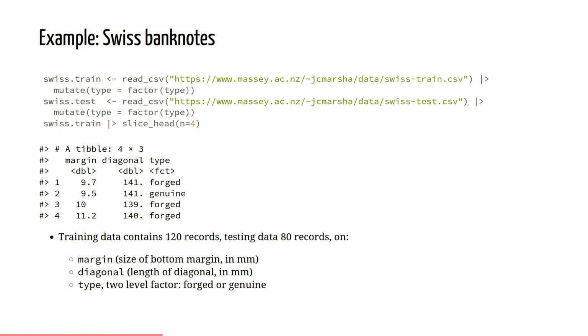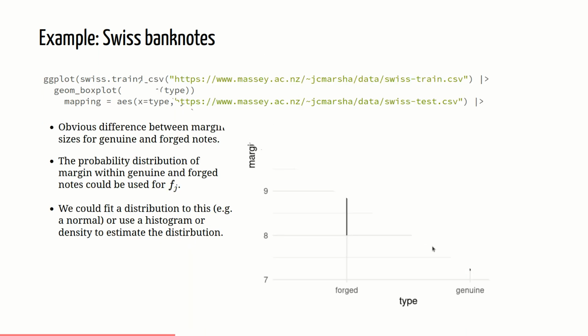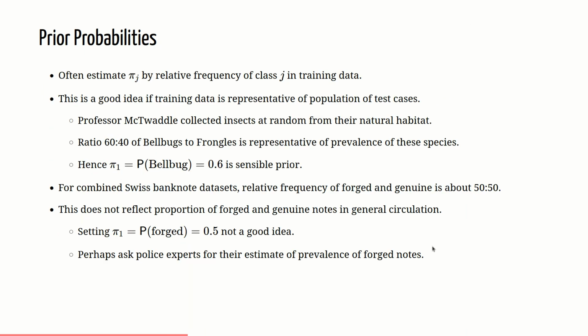our training data has 120 records. I think it's half. Yeah, so it's about half and half, right? And so in our training data, it's about half and half. But of course, in real life, it's extremely unlikely that forged notes and genuine notes are equally common, right? It's much more likely that genuine notes are way more common than forged notes.